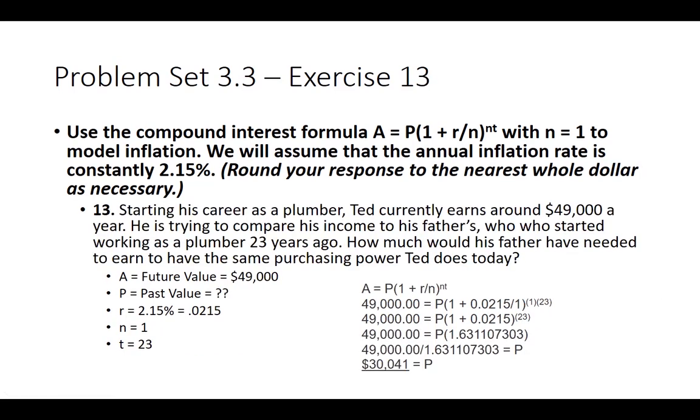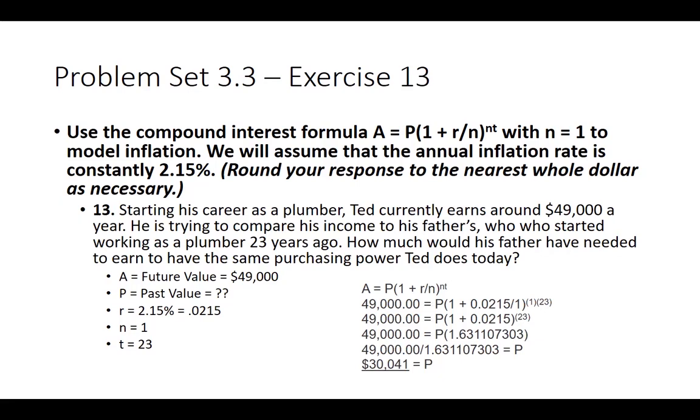Number 13, again, we have an inflation problem. The situation in number 13: starting his career as a plumber, Ted currently earns around $49,000 a year. He is trying to compare his income to his father's, who started working as a plumber 23 years ago.